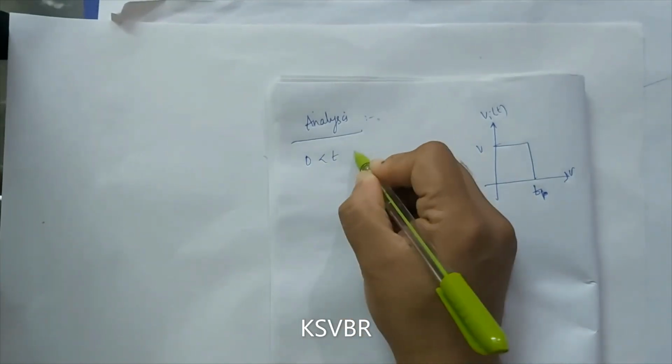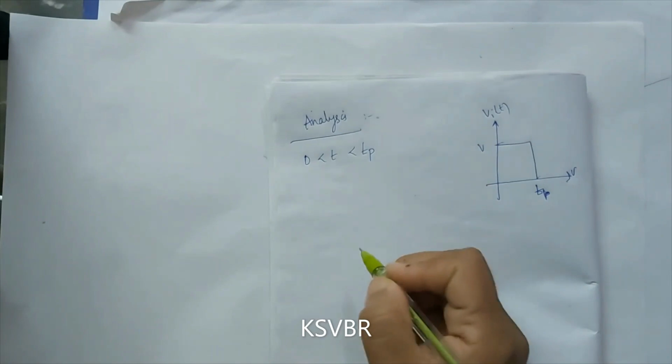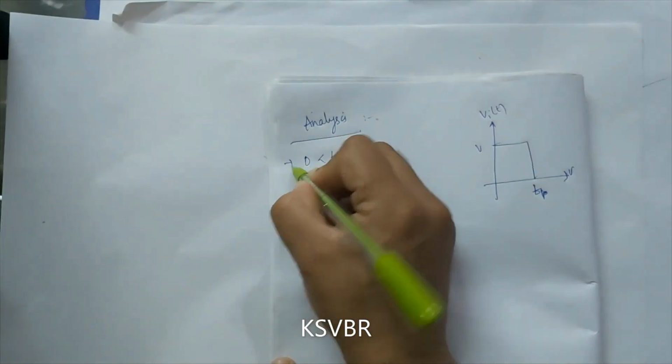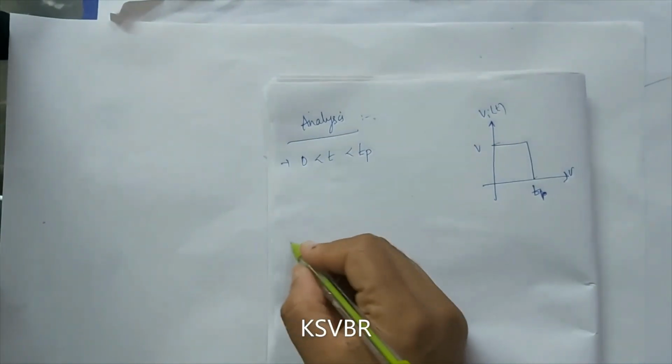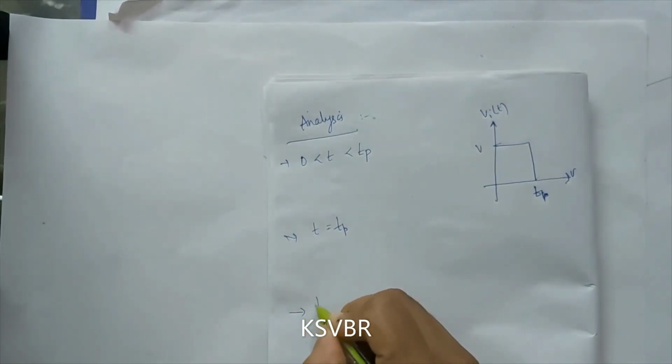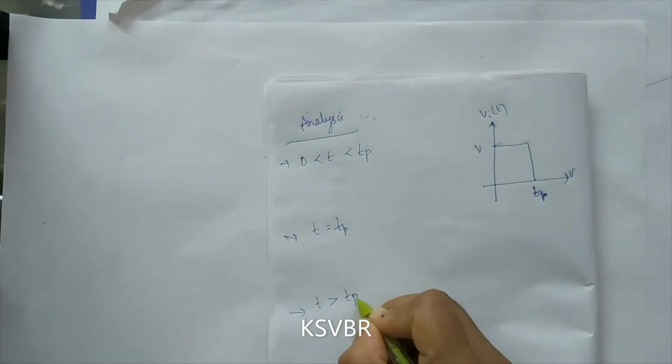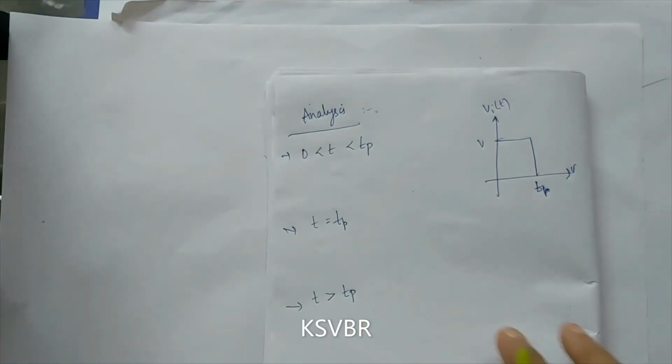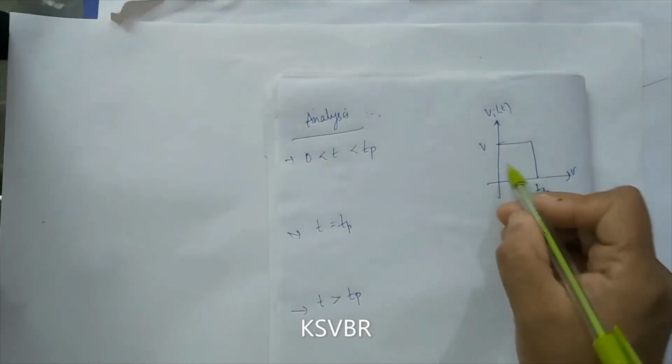We have to analyze at 3 time intervals: 0 less than t less than tp, at t is equal to tp, and t greater than tp. So now let us see 0 less than t less than tp.